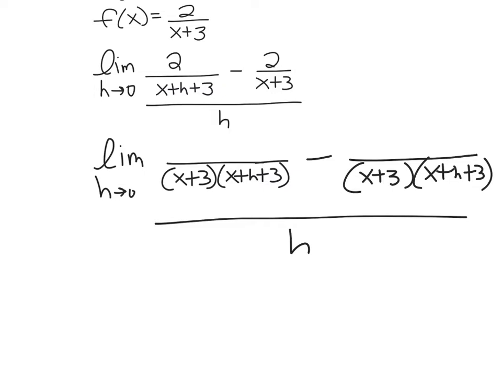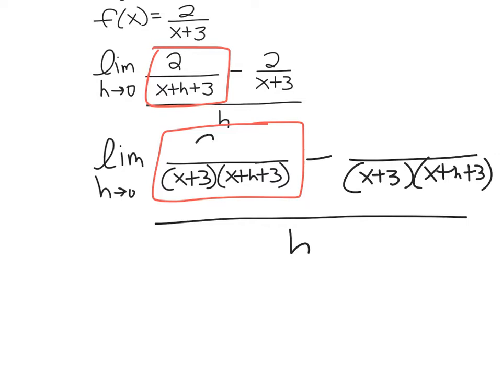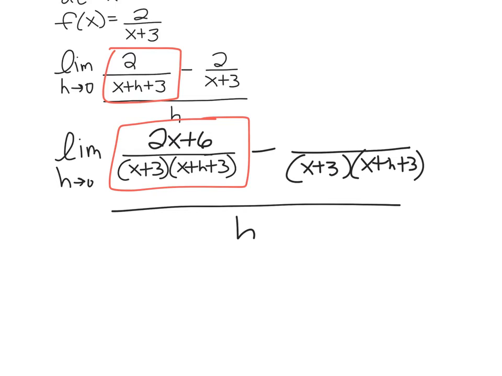So for this fraction right here, to get this to be this with the common denominator, I would need to multiply top and bottom by, what's it missing from this one to this one? By x plus 3. Okay, so I multiply top and bottom by x plus 3, I get 2x plus 6. Over here on this one, I have 2 over x plus 3.